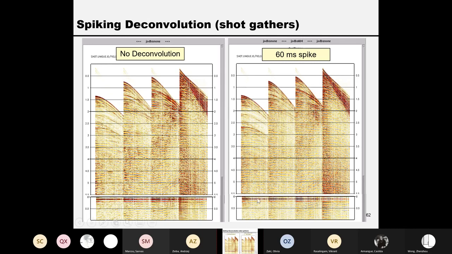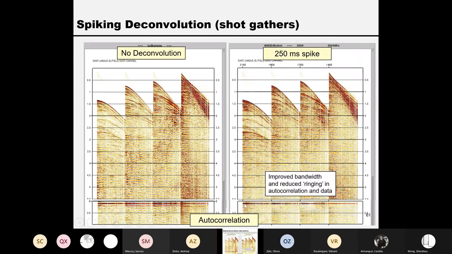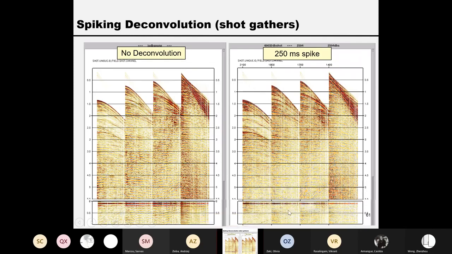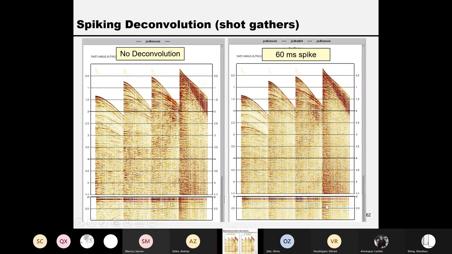Let's go back to the previous one. You can see here, that one removed this lag in the autocorrelation, right? But now, this one's still here. In your seismic gather, you can see that's the multiple here, but still here, right?